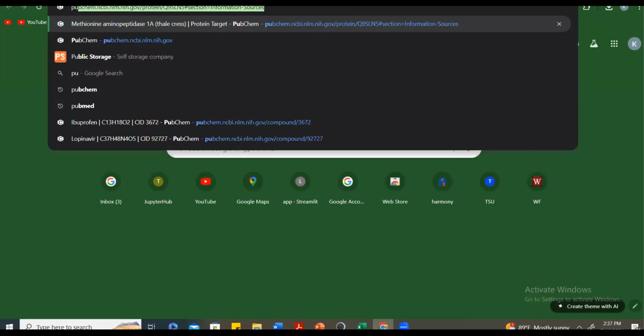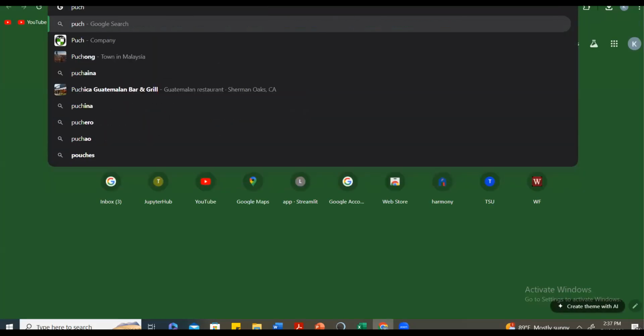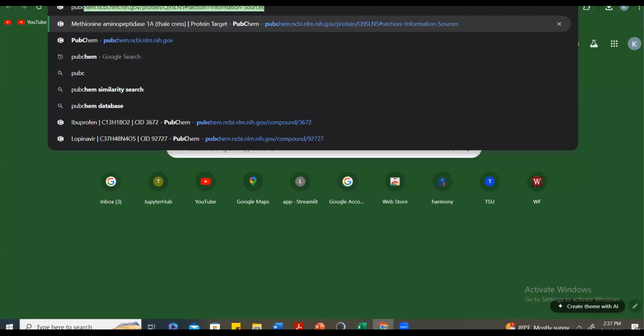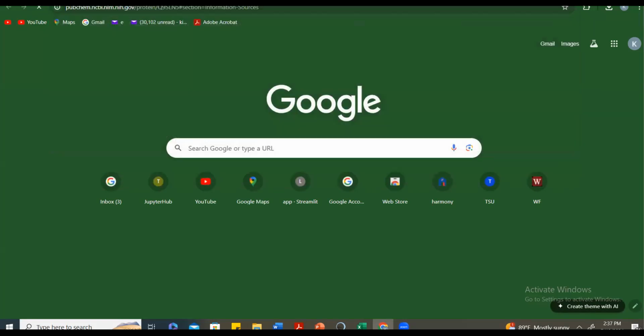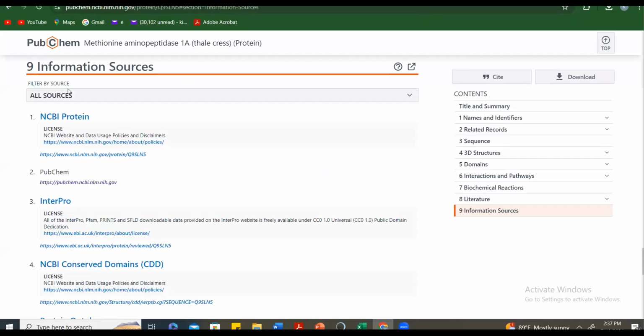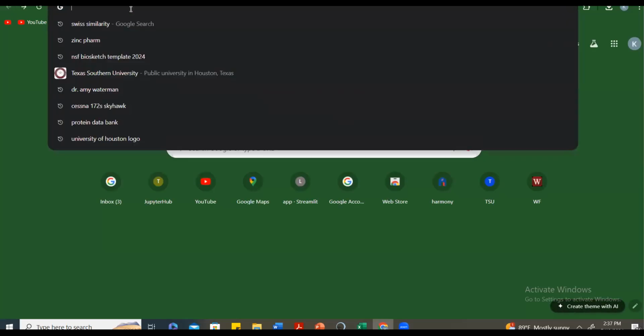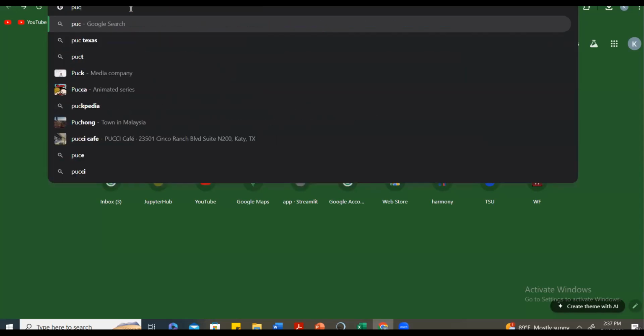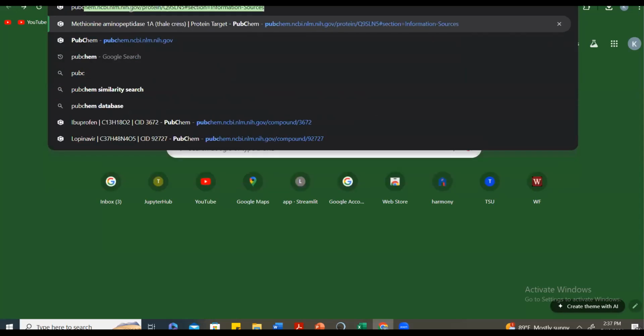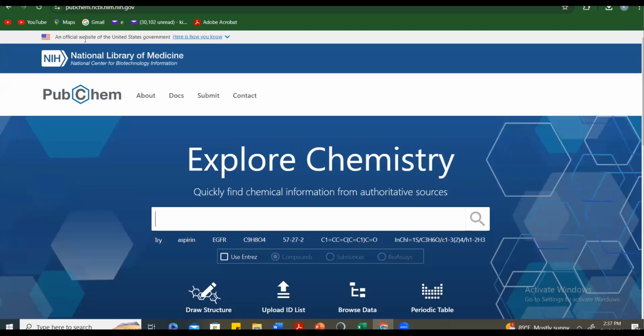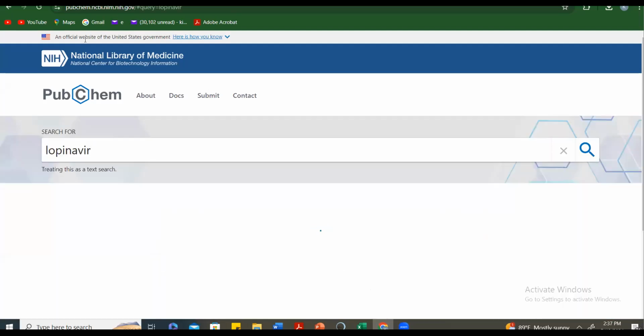Let's go to PubChem, right? And let's go and search. It has really helped scientists a lot. Instead of you thinking about designing your own drugs yourself, if you have a drug that is known, let's type lopinavir.